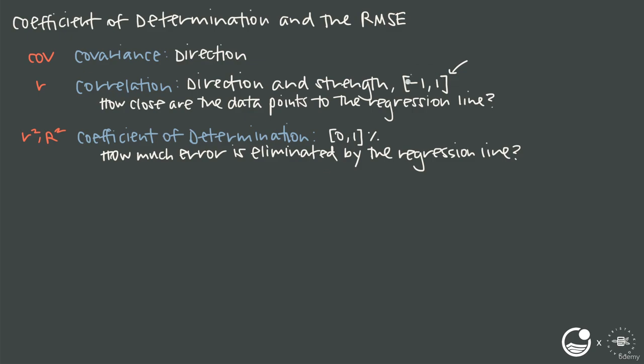So when we say how much error is eliminated, what we're really saying is what percentage of the error is eliminated when we use the regression line instead of just the mean of the dependent variable.